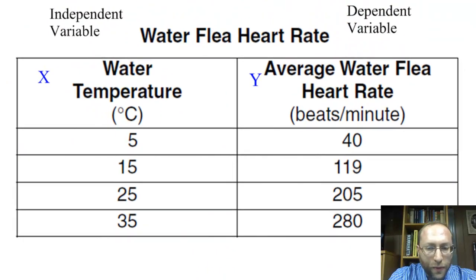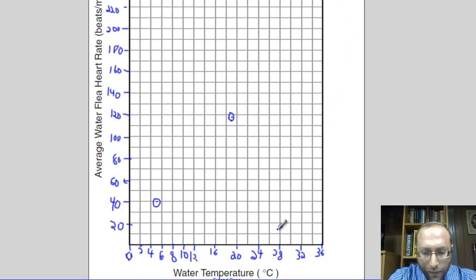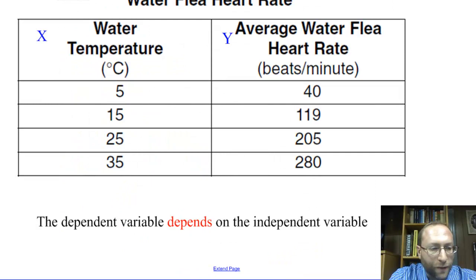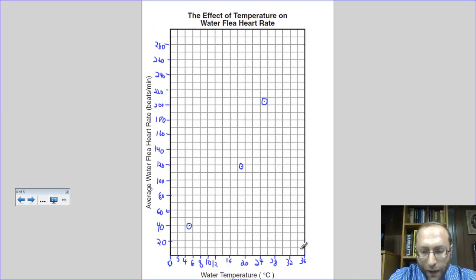And then we've got 25 and 205. 25 going up to 205 is right here. And the last one is 35 and 280. 35 is right here. And 280 is right there.